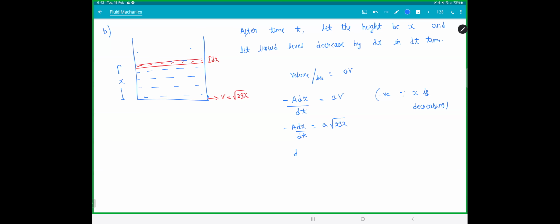So this becomes dx by root x equals minus a by A root 2g dt. Integration from 0 to time t. When t is 0, height is h and this is x. This integrates to 2 root x. Limits will go from h to x, equals minus a by A root 2g t. If you simplify, we will get root x.